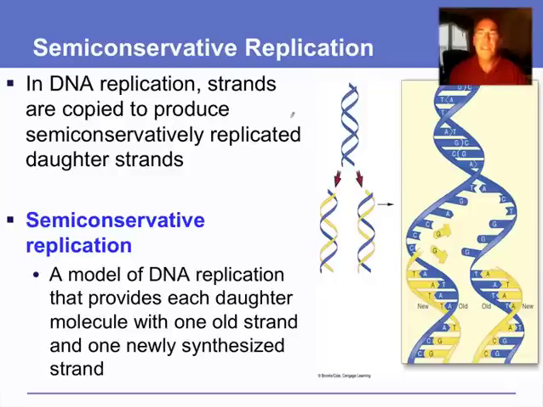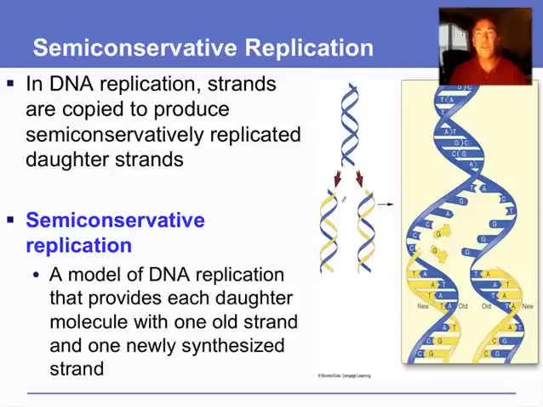So every time our cells replicate, we have to replicate the DNA as well as all the other cellular machinery. And if we know the sequence on one strand of the DNA, it means we can replicate the other strand of DNA. It's known as semi-conservative replication. So we take an original double helix, and we split it into two single helices.